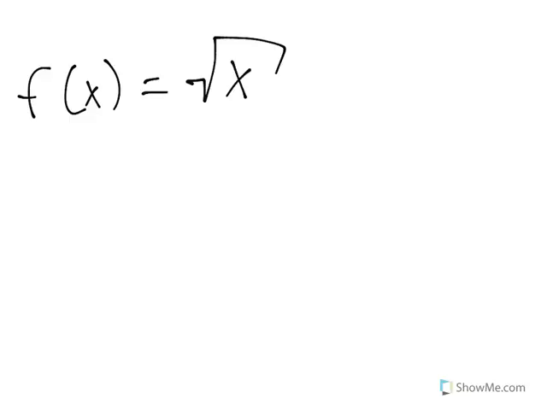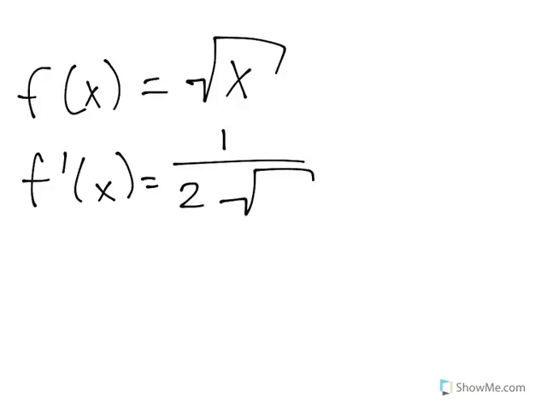It all works. But something that we actually tried before is if we say that f of x is the square root of x, and we find the derivative of f of x, we also found that to be 1 over 2 times square root of x.